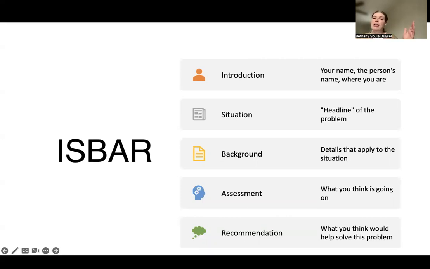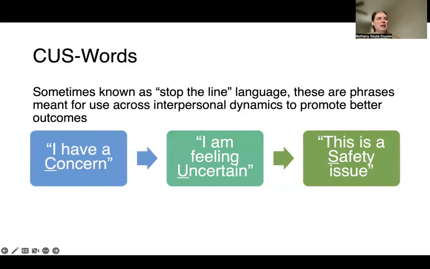Give the headline, the problem, then provide any pertinent, relevant details from the background, and then give your assessment of what you think is going on. What do you judge is going on in this situation? And then give your recommendation. And once you put all those parts in, the loop is closed by the person responding to you will either agree, disagree, or change the recommendation and give you feedback on it, right?